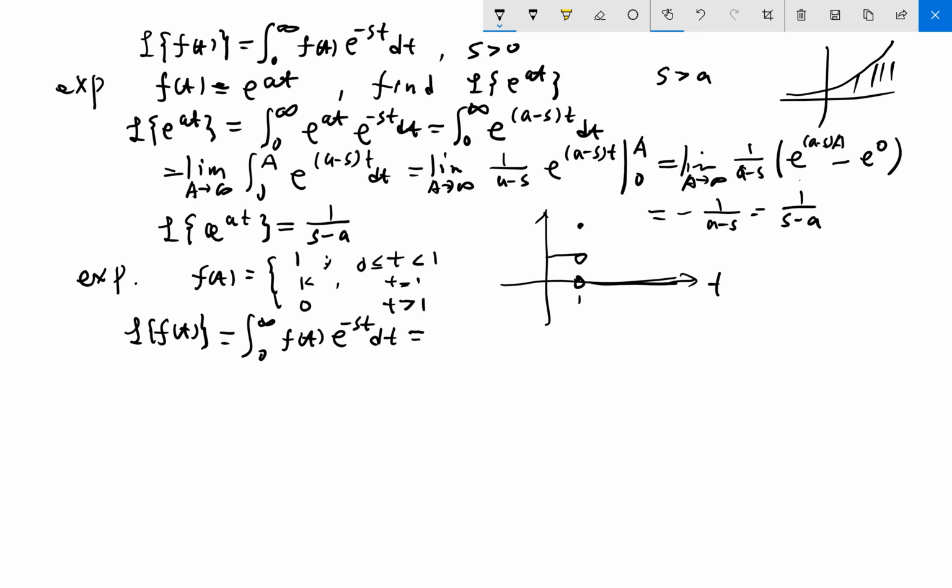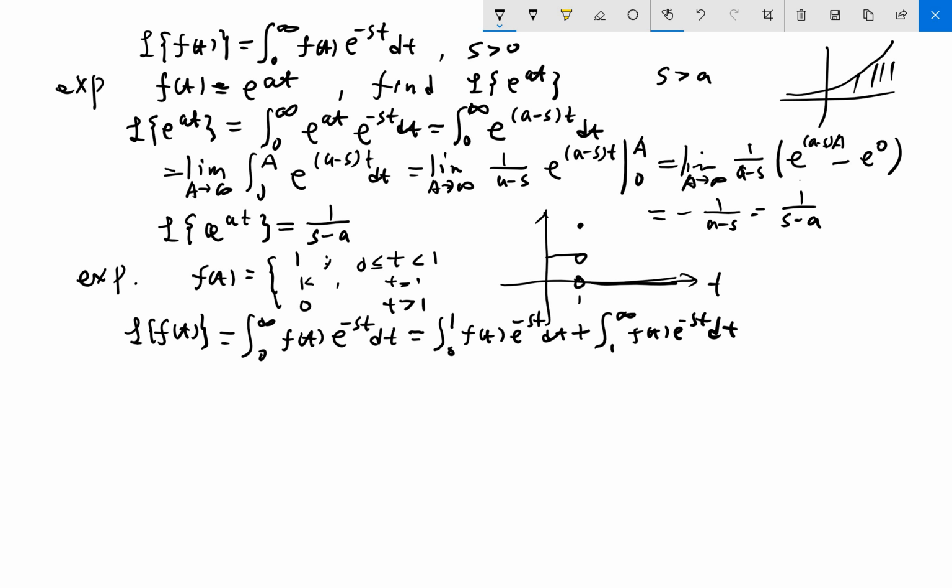So we need to break our interval into several ones. So 0 to 1 of f(t) e to the negative st dt, then plus 1 to infinity of f(t) e to the negative st dt.